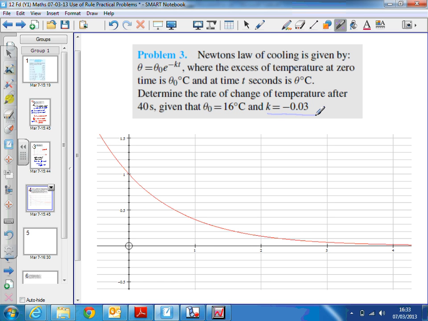Why are we going to differentiate it? Because we're after the rate of change of temperature, which is the gradient. So as soon as you see rates of change, which means we're after the gradient, then you're differentiating. Okay? So I'm going to take my function, put in the values.